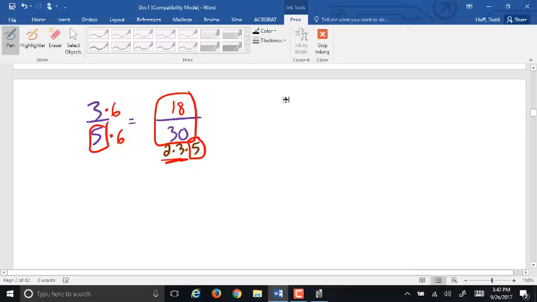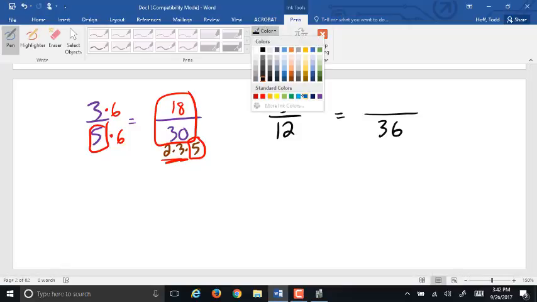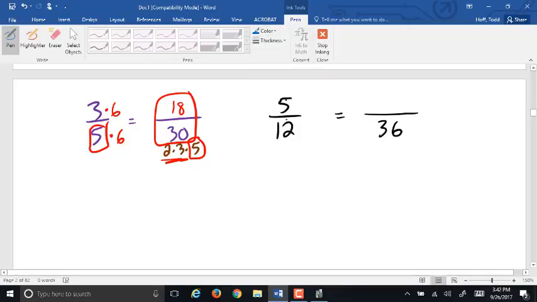I might have 5/12, and I want to convert it into, let's go, 36. First thing I want you guys to do is take a minute in your notes, prime factor 12 and 36.